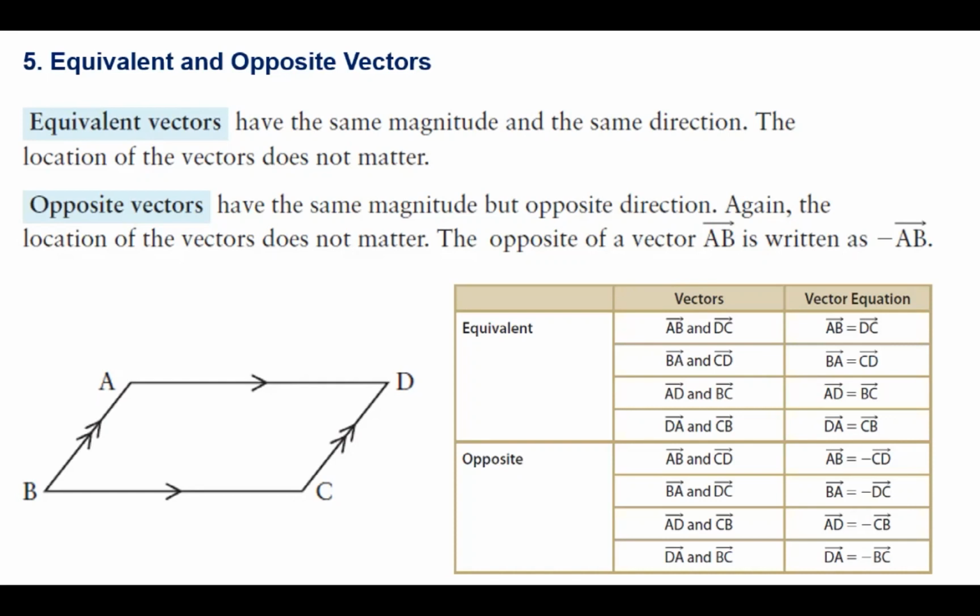Vector BA and BC are opposite. Vector AD and CB are opposite. And vectors DA and BC are also opposite. So now are you clear with the concept of equivalent vectors and opposite vectors? Are we clear? Do you have any questions?